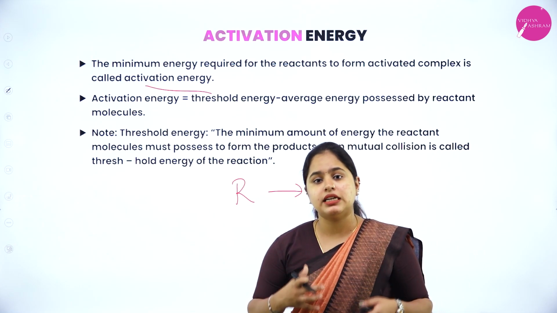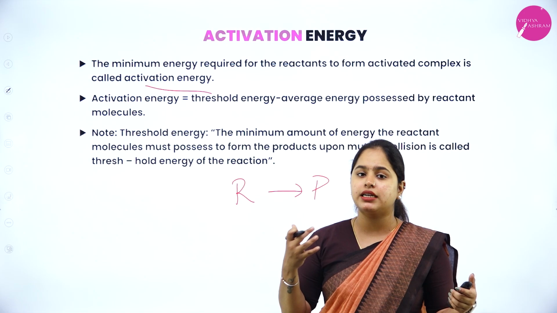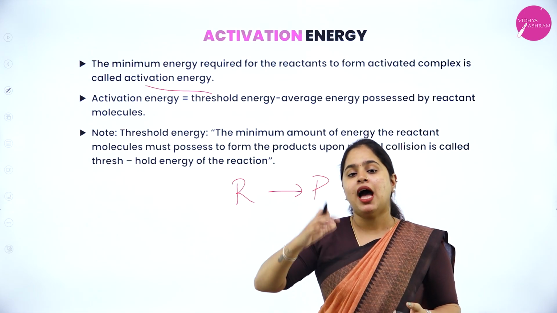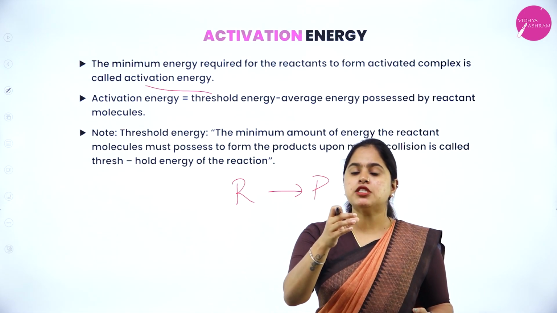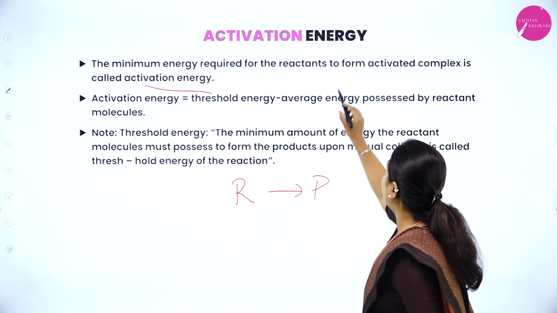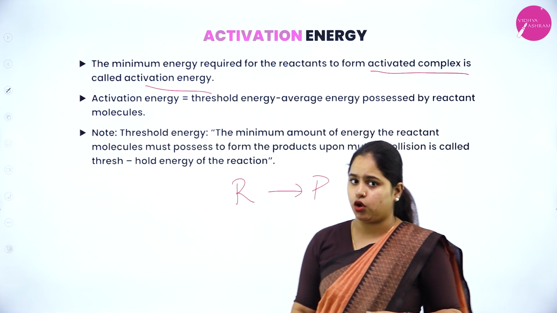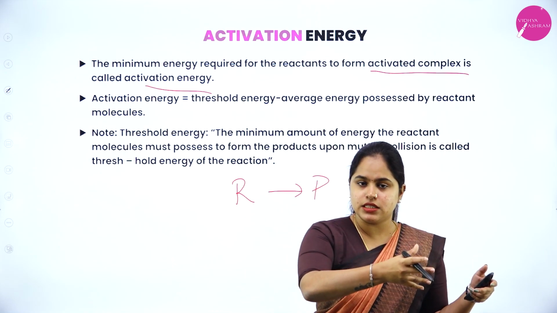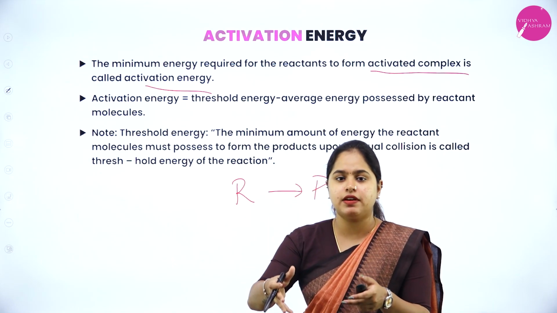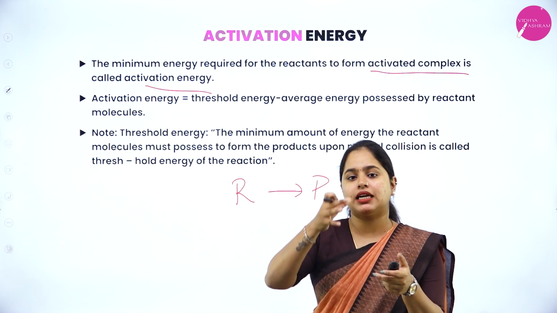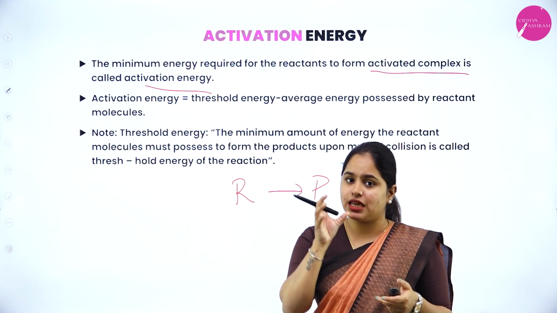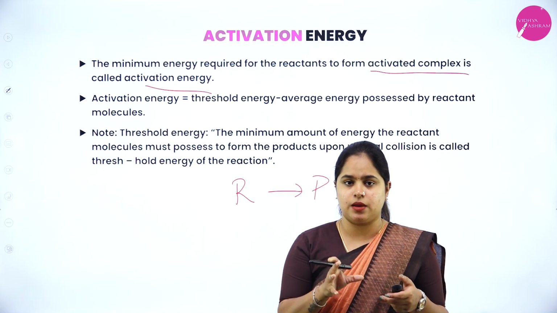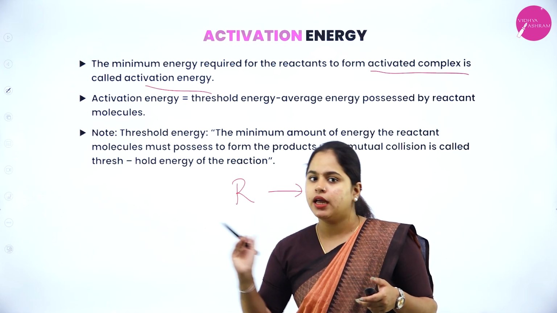If the reactants have to collide with each other and form the product, they must first form a complex, which is called an activated complex. So the reactants do not directly form the products. Reactants first form an activated complex, which is an intermediate state that is very unstable, and then it forms the product.